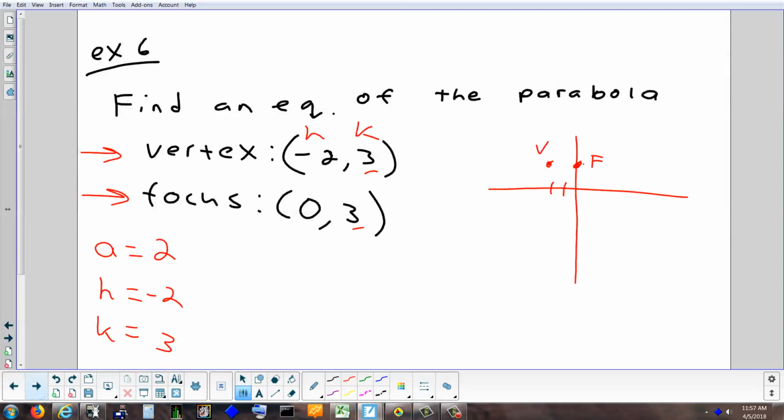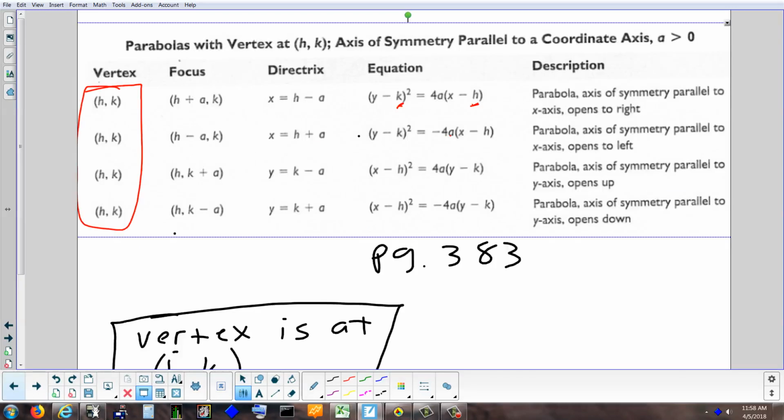Based on that, which way does the parabola have to open? It has to open to the right. It has to wrap around the focus. Again, we're not sketching it to sketch it as part of the directions. We just want to figure out which way it opens. It opens right. Look at your chart. Fill all your numbers into that equation. That's how you do it.